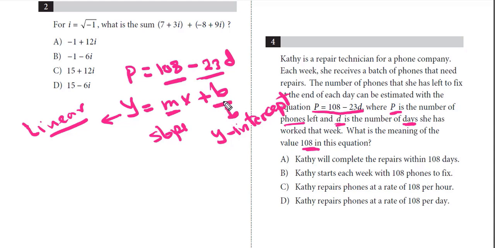But what is the meaning of the y-intercept and what is the meaning of the slope? Here, the y-intercept, the constant like 108, you can get it if you put x equal to 0. Then this is the starting value, or the initial value.